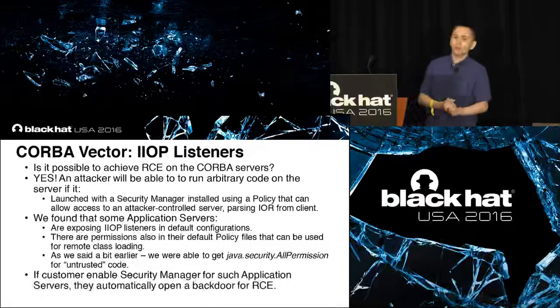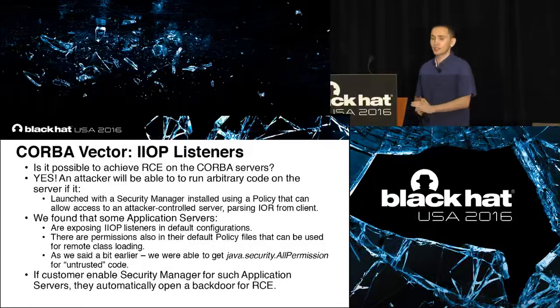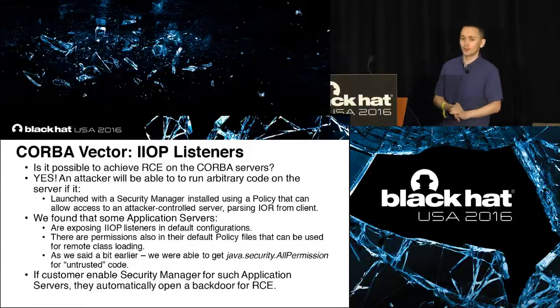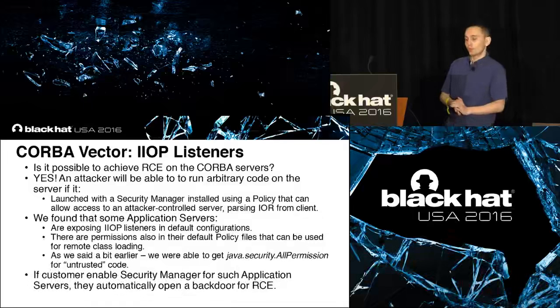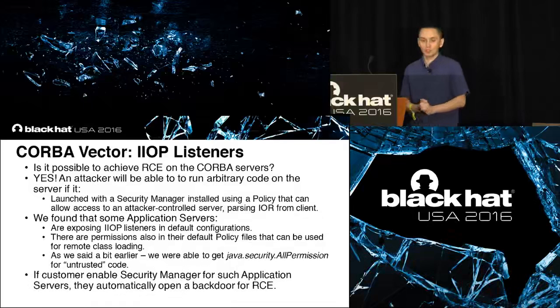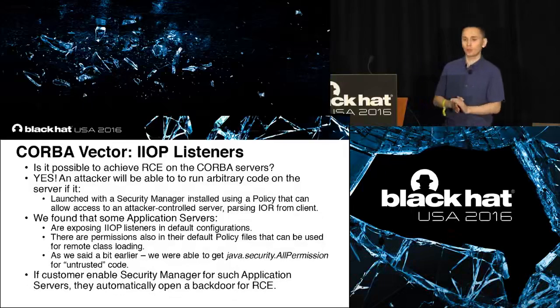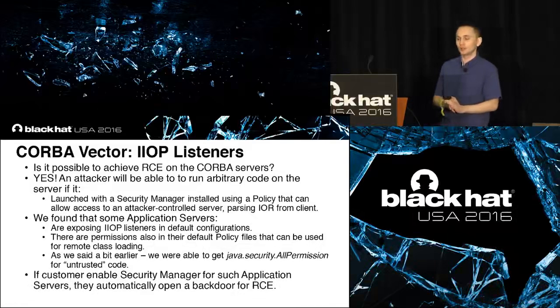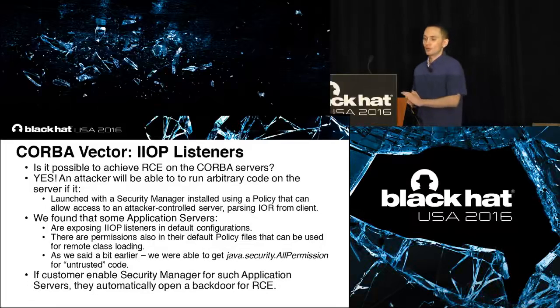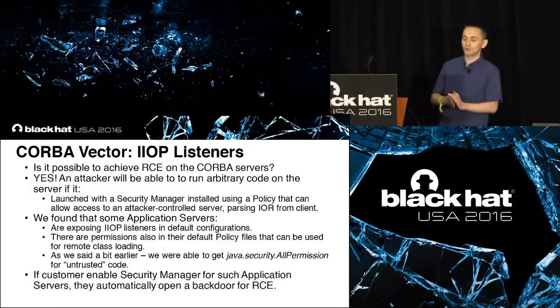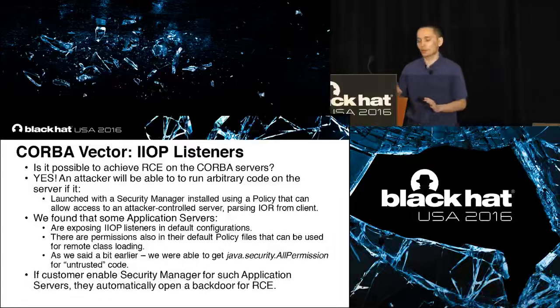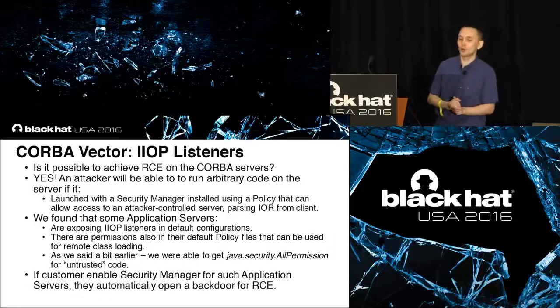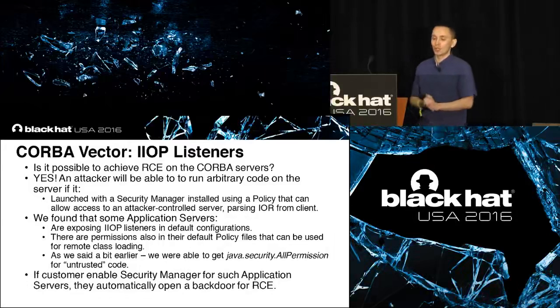But after our findings, we became more interested in CORBA and possible attack scenarios with this protocol. So the first question was: is it possible to achieve code execution on the CORBA server side? Why not? If the server runs with a security manager and the policy allows us to load classes from our codebase, we will be able to perform the same attack.